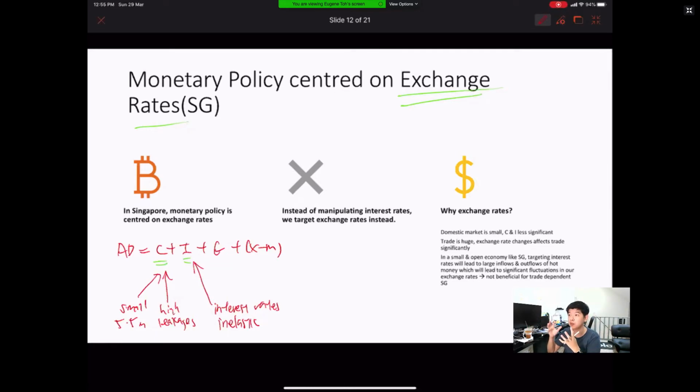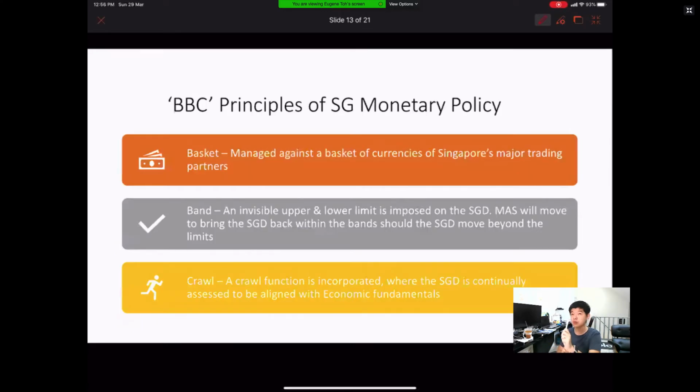That is by virtue of Singapore being a very small country, so the amount of currency that we have in circulation is also not very significant. So this is going to be a very big problem for us. That's why we cannot manipulate interest rate as a policy instrument. So with these three reasons, you should now understand why Singapore uses exchange rate as a policy instrument as opposed to interest rates. Okay, right, so let's move on.